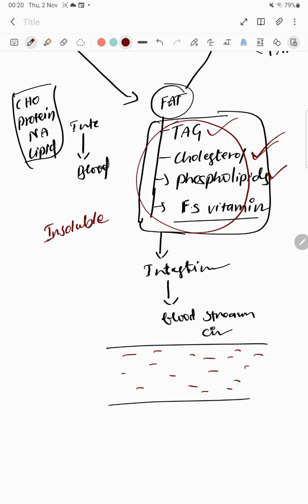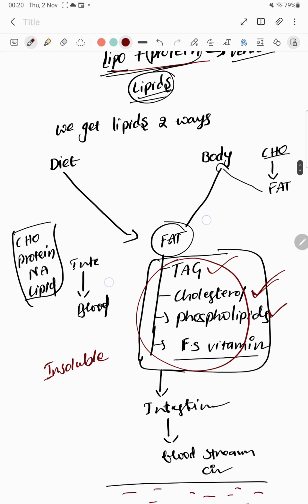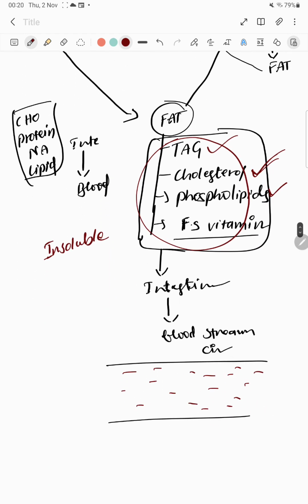That is the reason why all these fatty compounds ask for help from lipoprotein. So this lipoprotein is a vehicle that carries all these fats through the blood circulation.